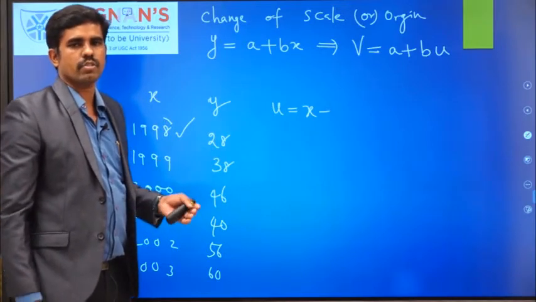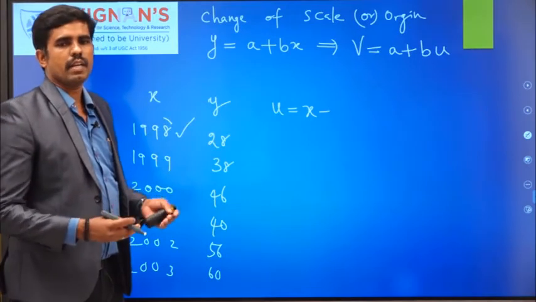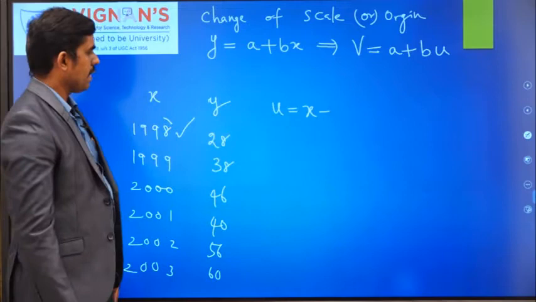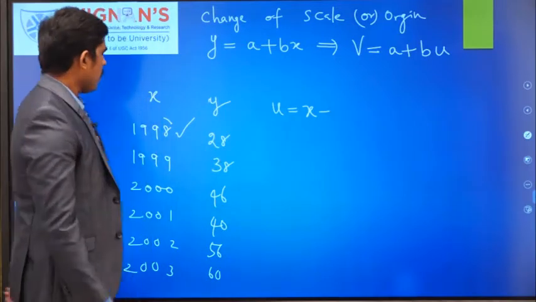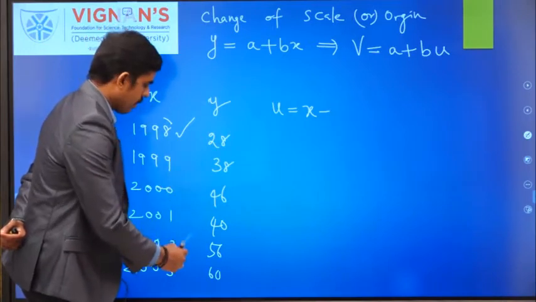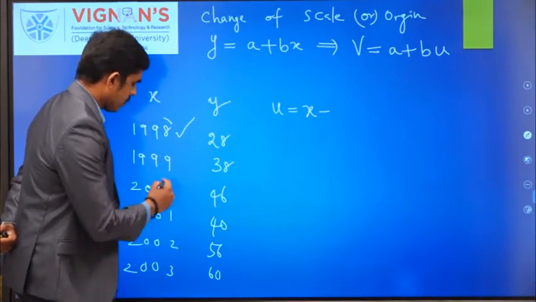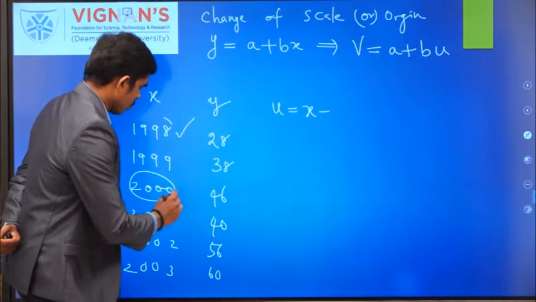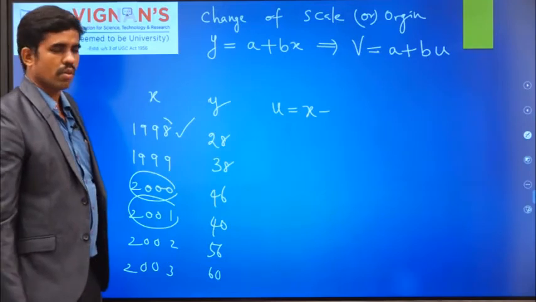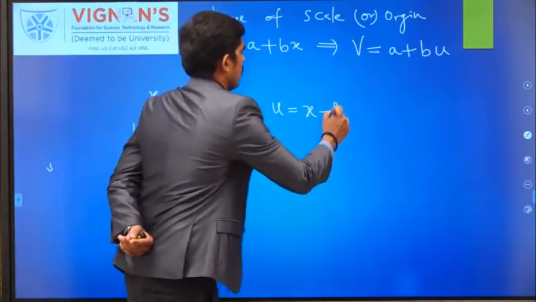In the shortcut method for finding mean and median, we have done this many times. Looking at this data, you can select either 2000 or 2001. I am going to select 2000 for my convenience.